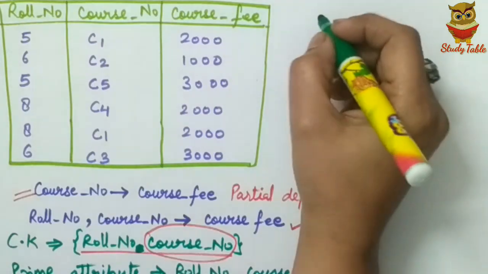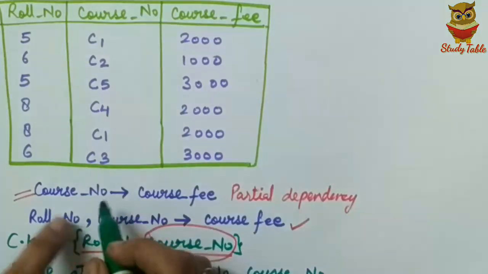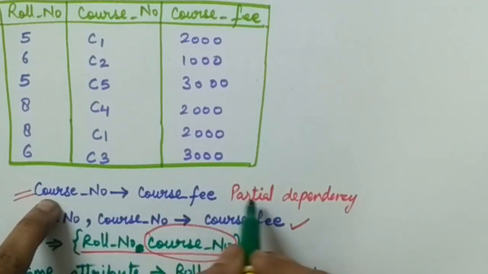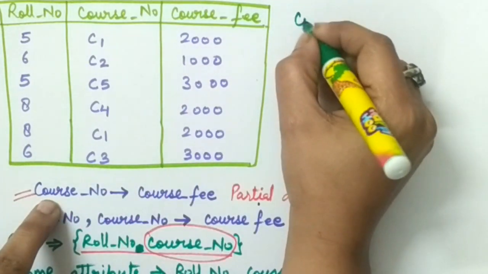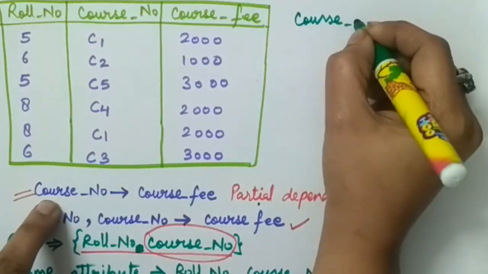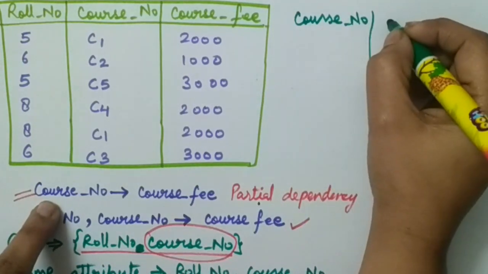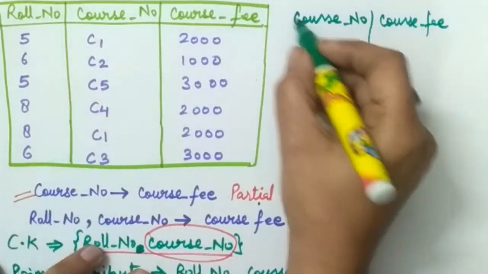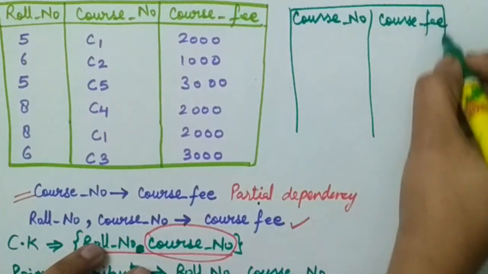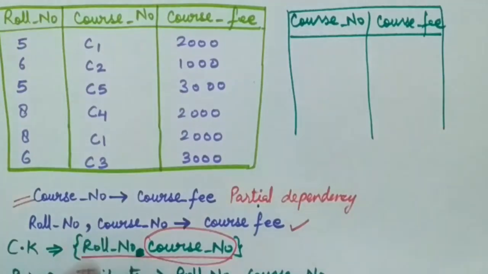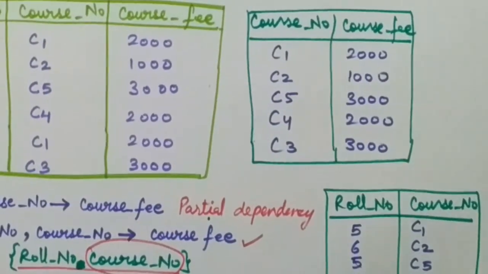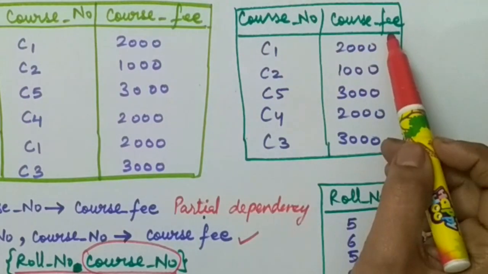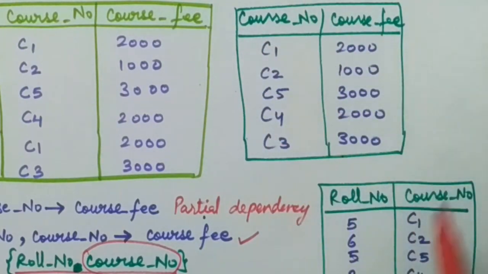To separate this one table into two tables, first, this FD is creating problem, so we will make one table containing these attributes, that is course number and course fee. This table will contain these values, and the other table will be roll number and course number. These are the two tables.